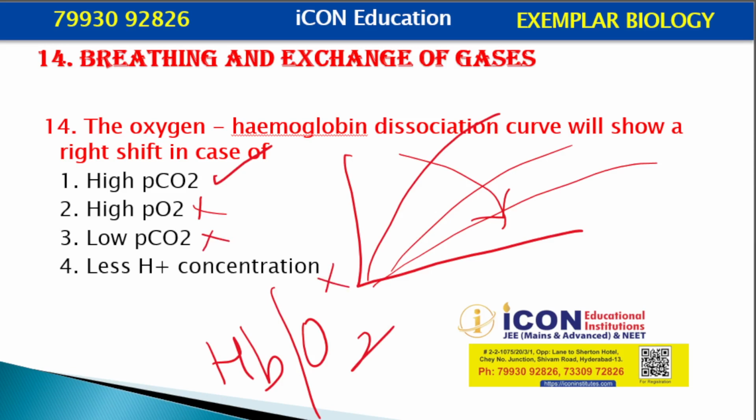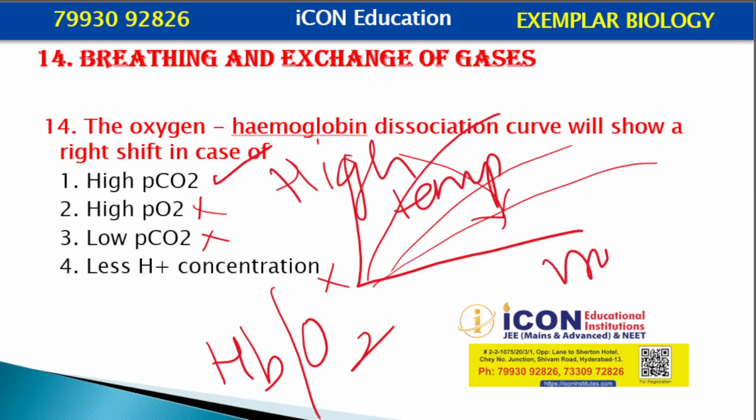High hydrogen ion concentration, high PCO2, high temperature and more H plus ions are all the factors which make the curve shift to the right, or you may call it dissociation.